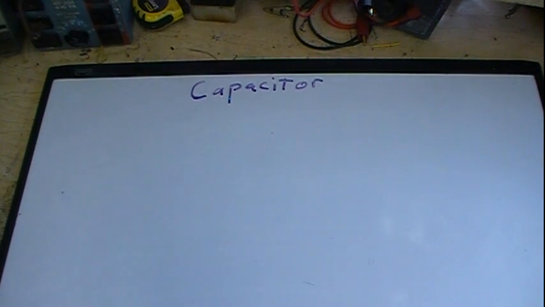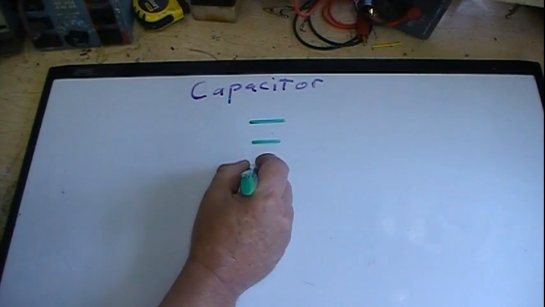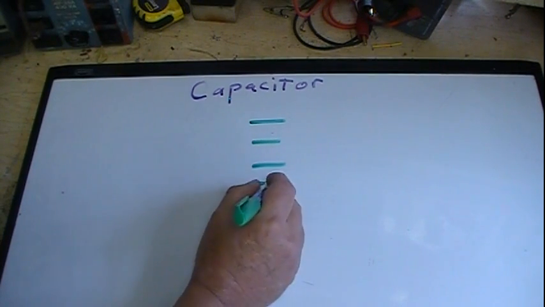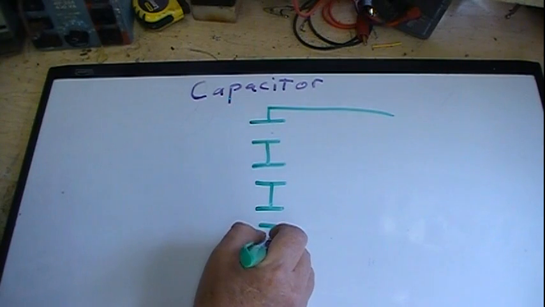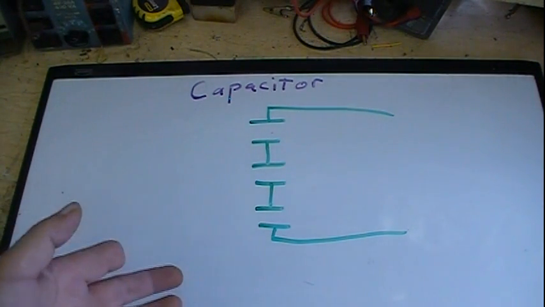Now, capacitors in series, on the other hand, are like resistors in series. So if I've got a cap, another cap, and another cap, hooked in series, they don't add together.